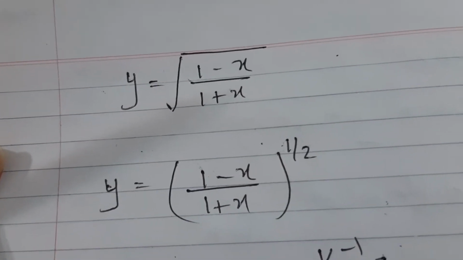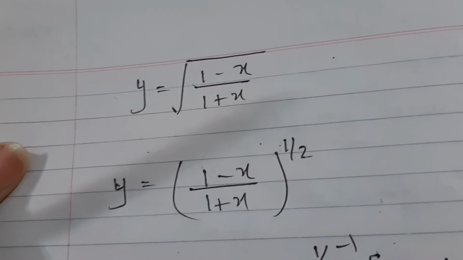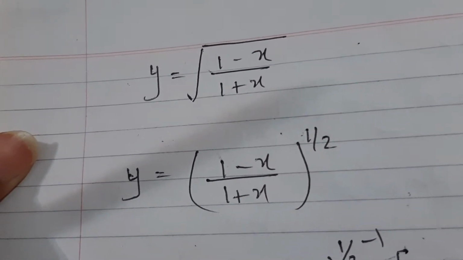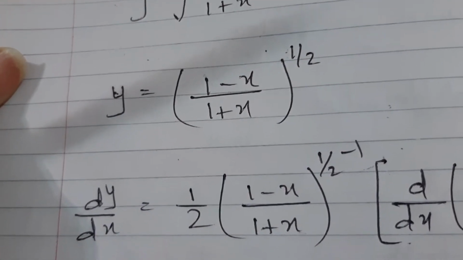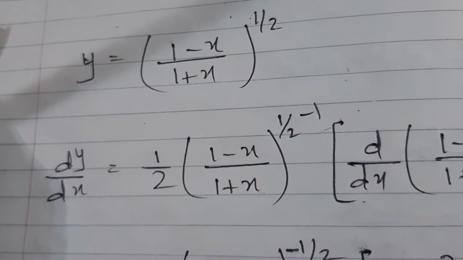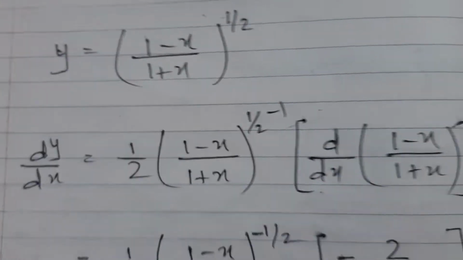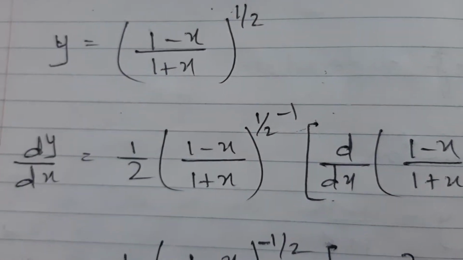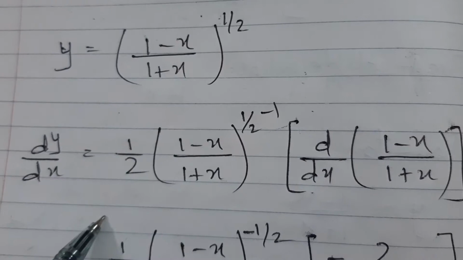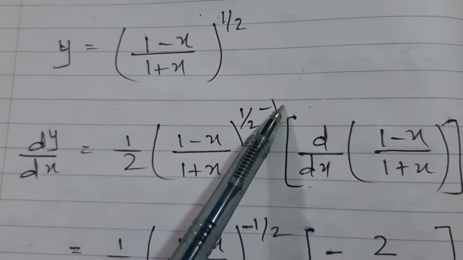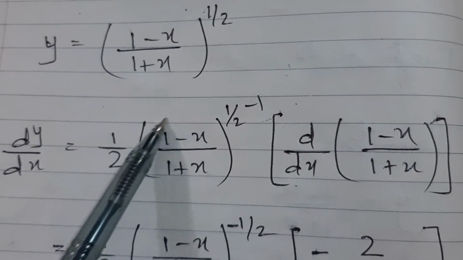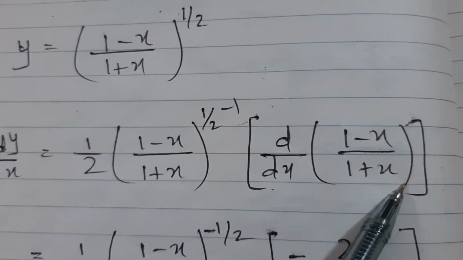If you differentiate this, it's like a composite function. The whole function has power half. I hope you know the prerequisite knowledge required here. So half will come here, the function as it is to the power half minus 1, multiplied by the differentiation of this, which is what I've written here.